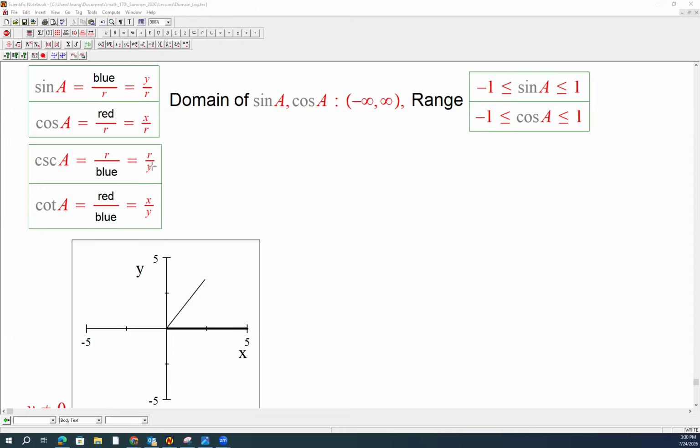That's how we determine it. Once we determine the terminals that it cannot be, we will be able to tell the domain.